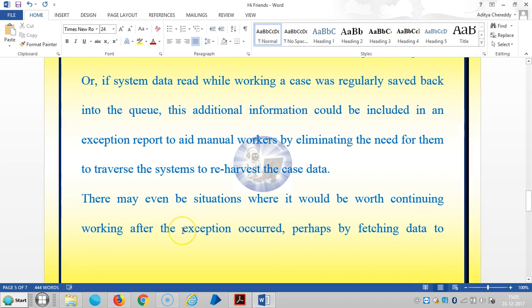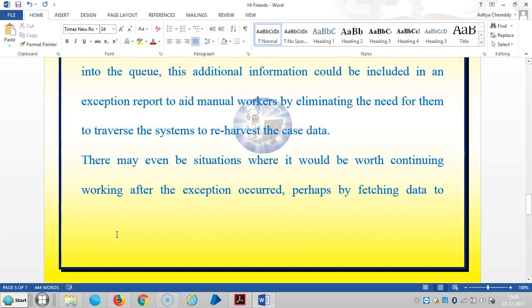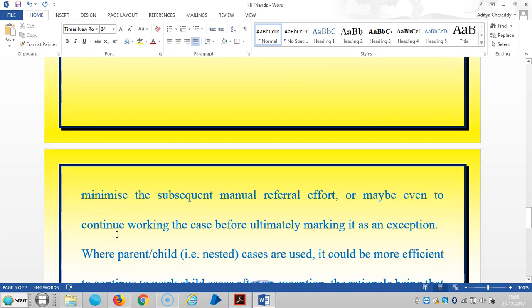There may even be situations where it would be worth continuing working after the exception occurs, perhaps by fetching data to minimize the subsequent manual referral effort, or maybe even continuing to work the case before ultimately marking it as an exception.